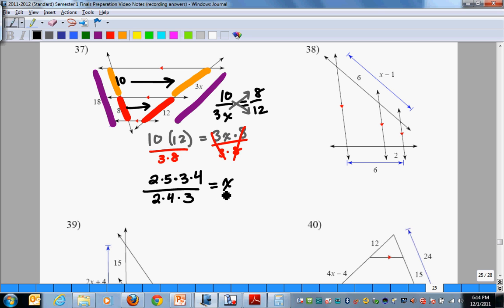That, of course, all equals 5. 2's cancel. 4's cancel. 3's cancel. 5 equals x.